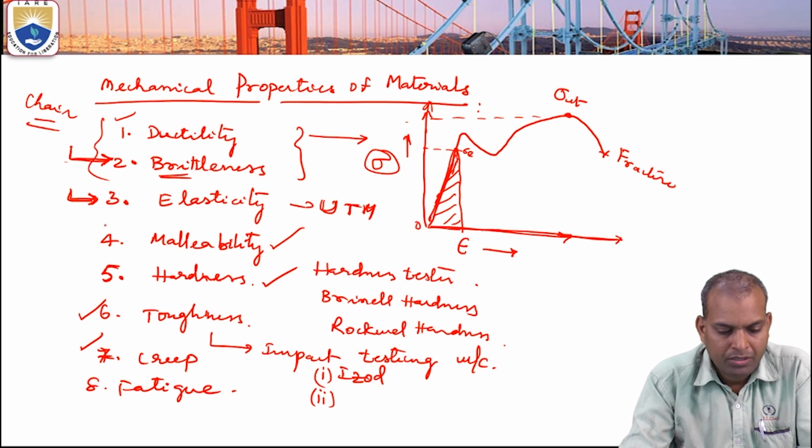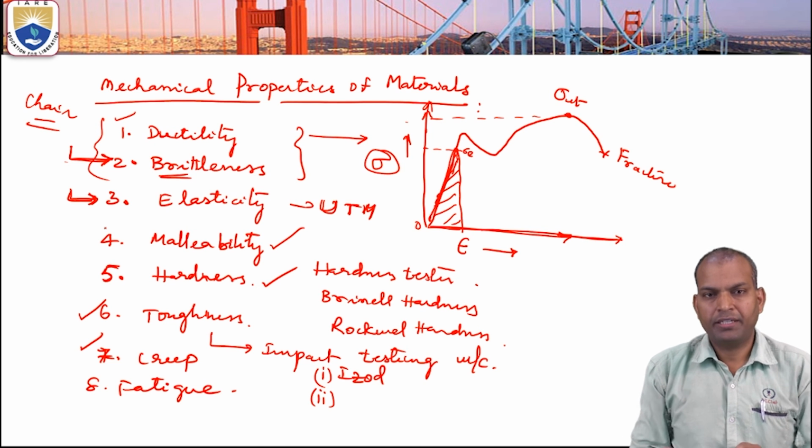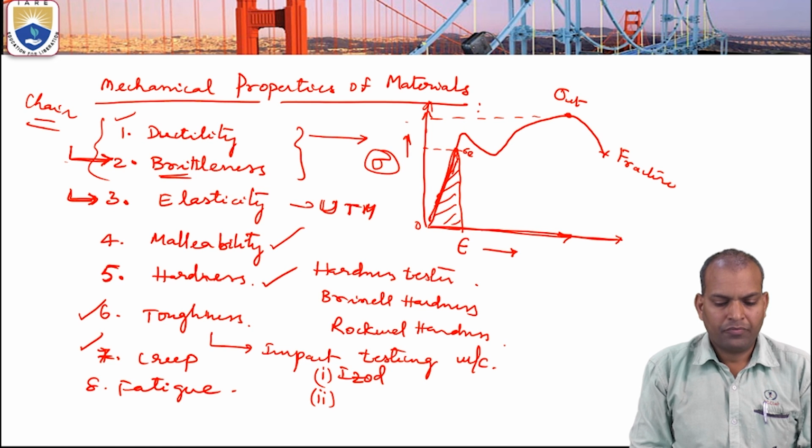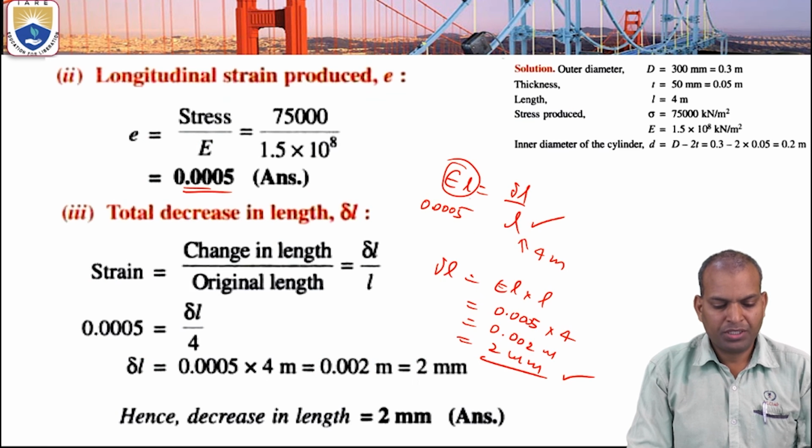Okay, so in this session we studied the mechanical properties of materials and solved a few problems using the formula: modulus of elasticity is related to stress by strain, and what types of strains.